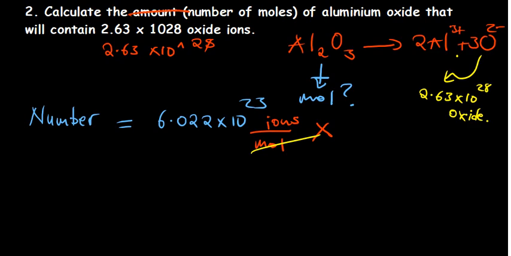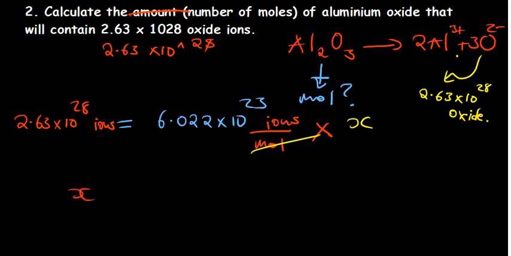Now in this case, we don't know how many moles were used to multiply, so we'll put X there. But on the other side, the number of ions for the oxide we are given to be 2.63 times 10 to the power 28. So in this question, what we're doing is the opposite of what we did previously, because you are given the number of ions in advance. Instead of multiplying as before, we are going to divide so that we get the number of moles of the oxide ion.